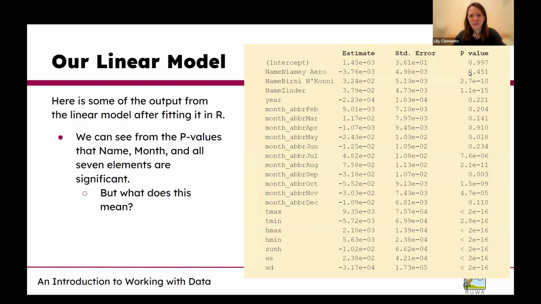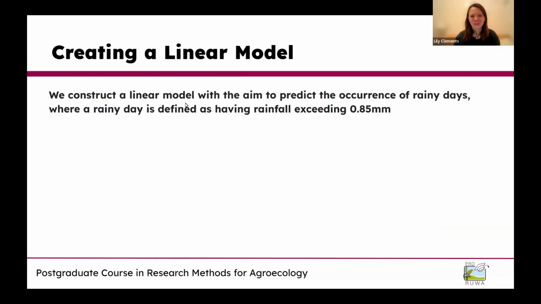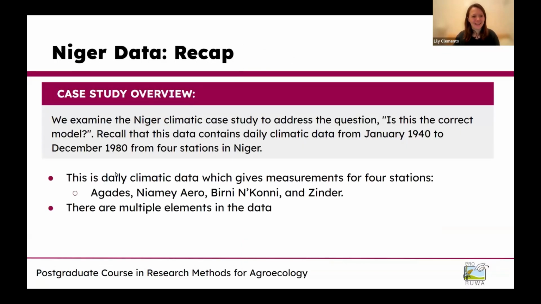That's not significantly different. So you can see how our number of rainy days looks between Niamey and the control station, which I'll check back here, Agadez, I'm sorry if I'm mispronouncing. So that first one is saying that there is not a significant difference in the number of rainy days between these 2 stations.